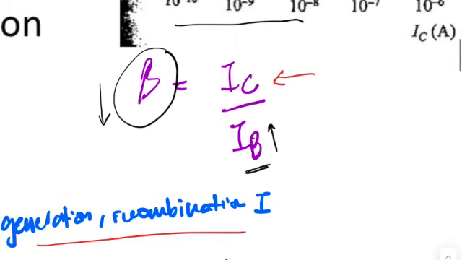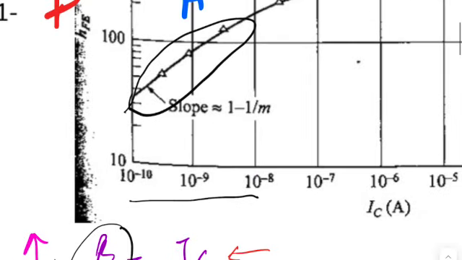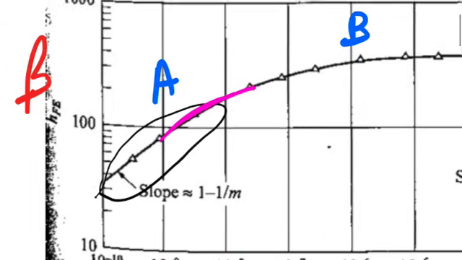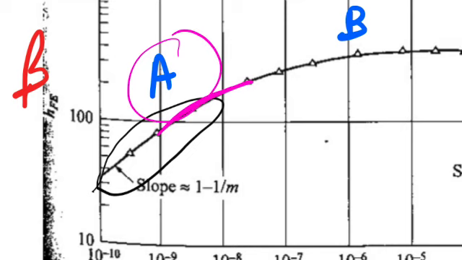This overall gives a higher value of the gain. That's why as we increase the collector current, the gain increases. And this effect at A is actually due to defects in the structure.